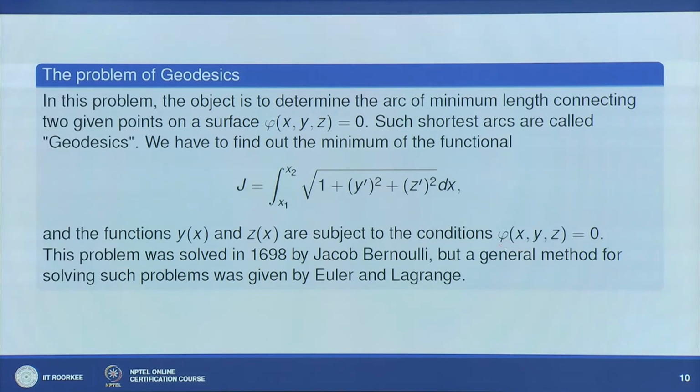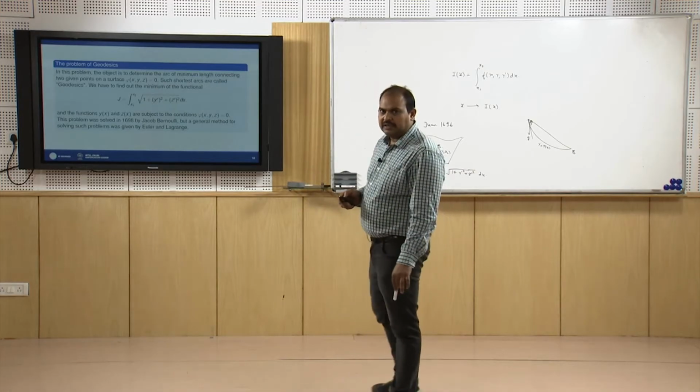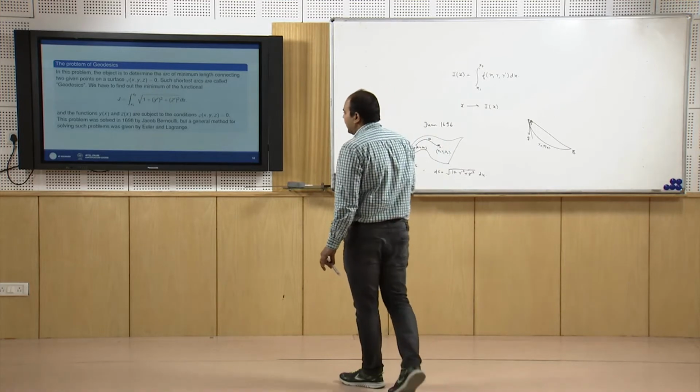So it means that phi of x comma y comma z is equal to 0, and such shortest arcs are called geodesics. This problem was solved in 1698 by Jacob Bernoulli, but a general method, a general setup to solve these kinds of problems, was again given by Euler and Lagrange.